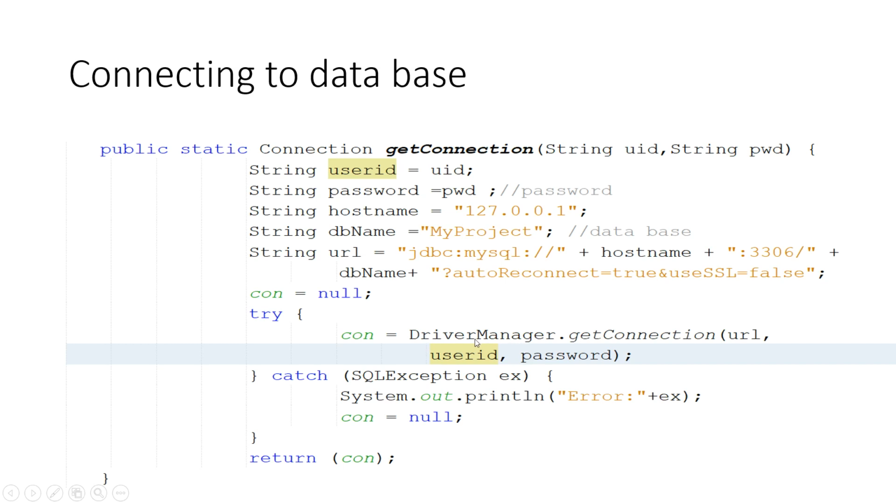This is available in the java.sql package. DriverManager.getConnection, you have to pass the first parameter, that is the URL. The second is the user ID, and the third one is the password. These are the three pieces of information to be passed. The URL we already formed, the user ID from the main program, the password from the main program.